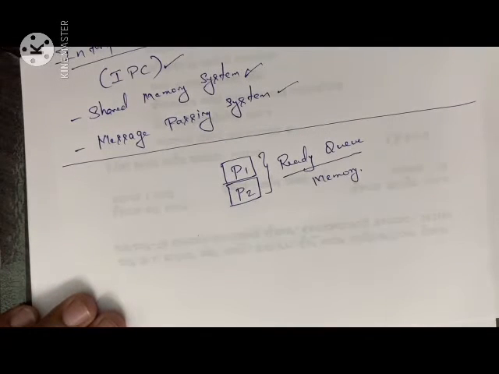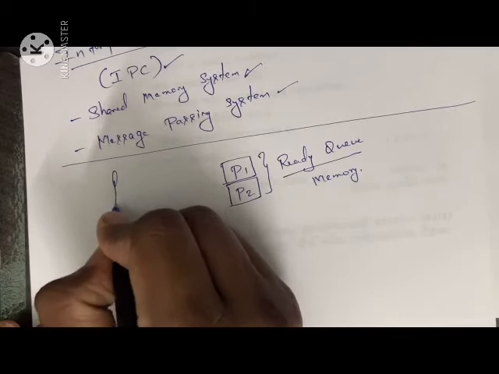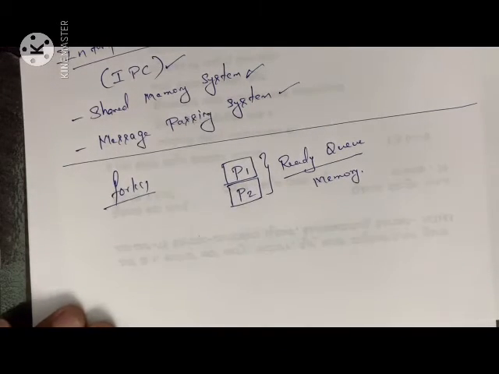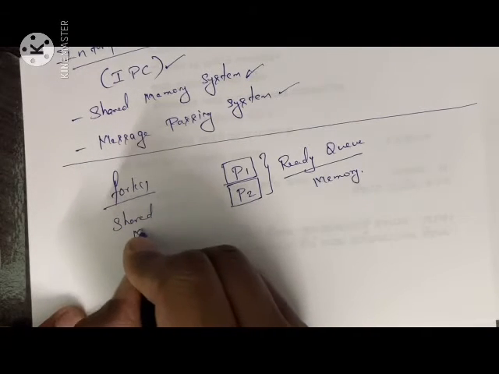When these two processes are stored in memory, while creation of the process itself, we have already studied the process creation stages, like fork is a method used for creating a process. Once a process is created, it will be stored into memory. Now once it has been stored into memory, we are going to allocate some shared memory location for this.